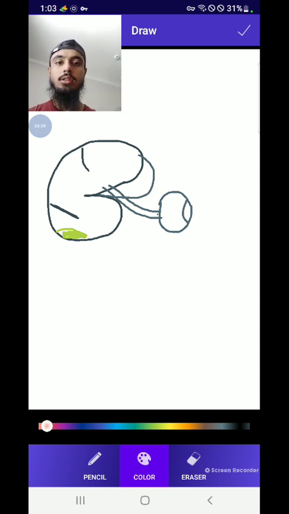I draw here a ball which is red in color, a cricket ball, a little bit orange in color. This is a ball, this is an object.